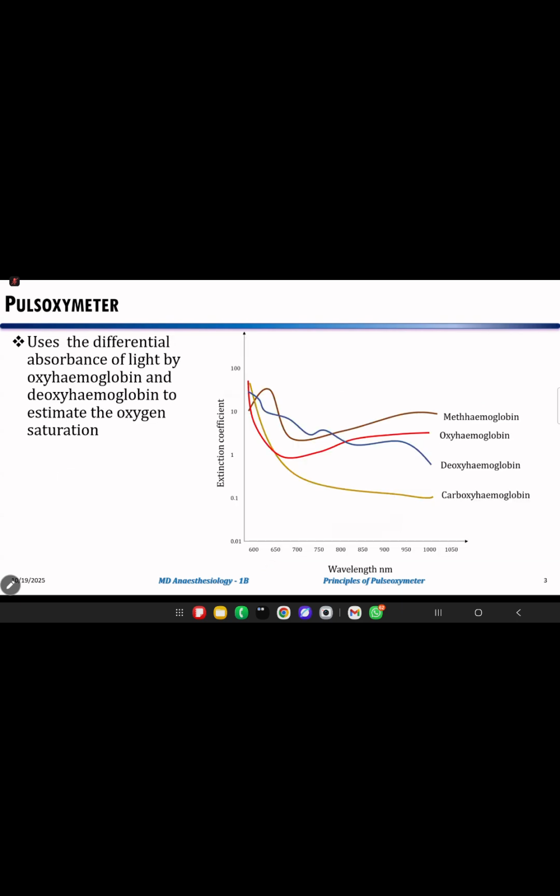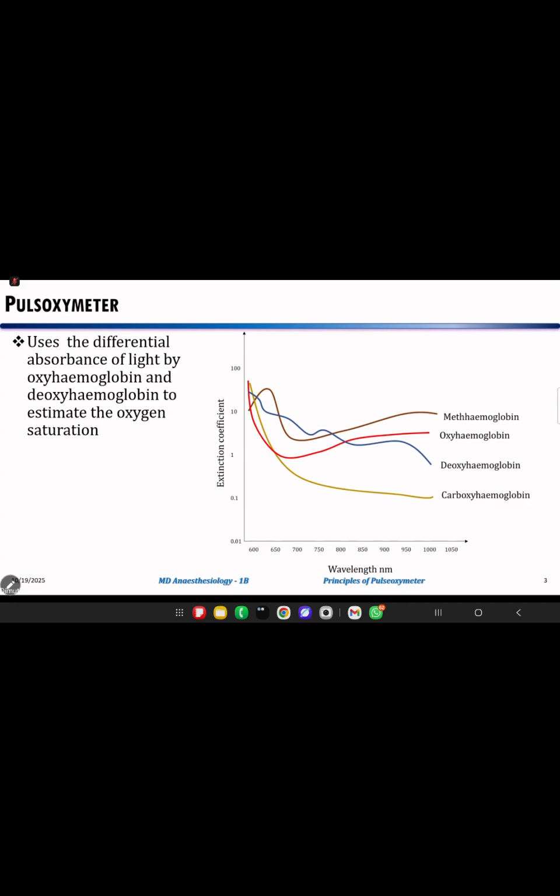And when you see the differential absorptions of different types of hemoglobin at different wavelengths of light, the absorption pattern is different. So when you plot a graph of absorption against the wavelength of the light, you will see a graph like this for methemoglobin, hemoglobin, oxyhemoglobin, deoxyhemoglobin, and carboxyhemoglobin.